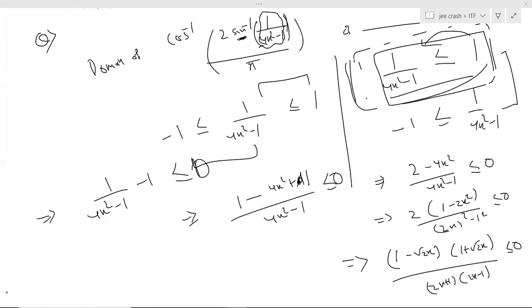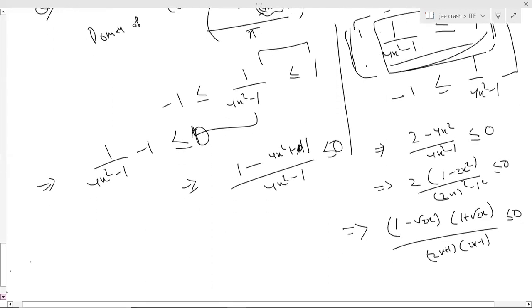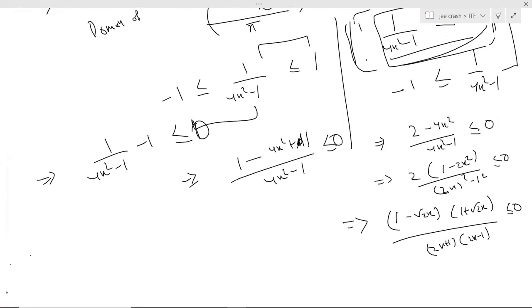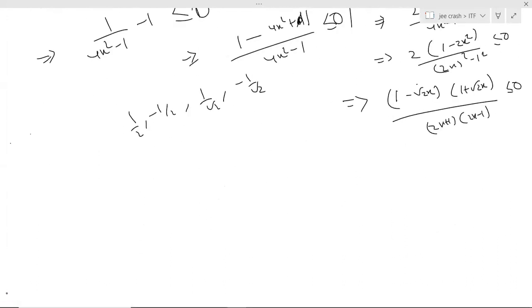Yes, sir. Okay. Domain range question is very important. High chances there will be a question of domain range. So now the factors from here are half, minus half, 1 upon root 2, minus 1 upon root 2. All right. So on the number line, this will be 1 upon root 2.